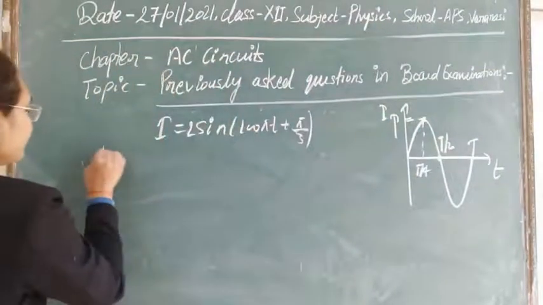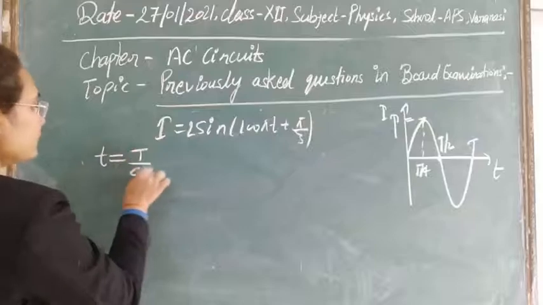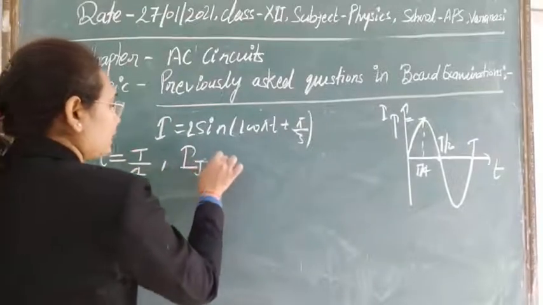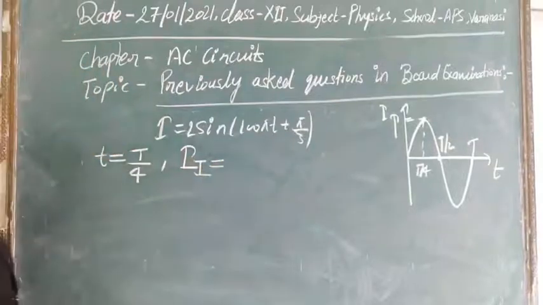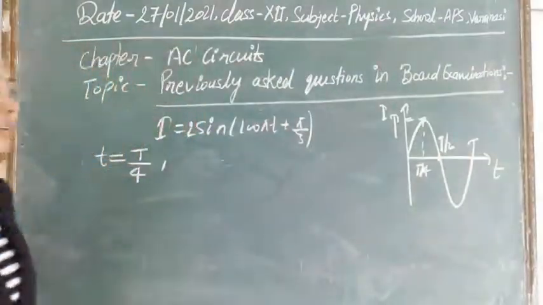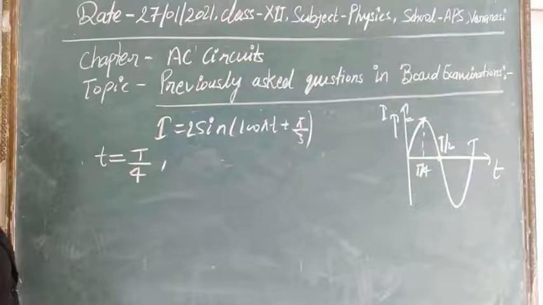So simple here, at t equal to T by 4 the first maximum value of current is obtained, and we just have to find out what this time is. To find the time, we need the value of the time period.